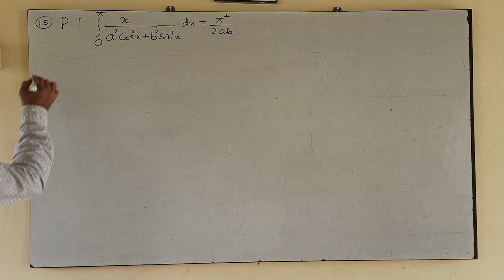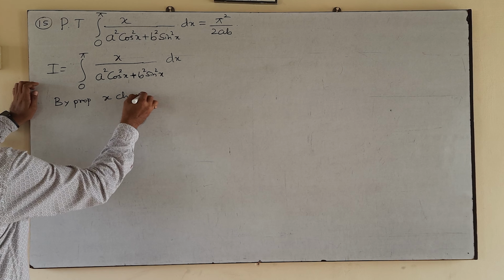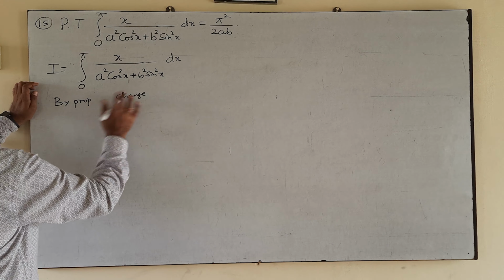Apply property number 4. By property 4, change x to pi minus x in equation 1. See what happened? I is equal to integral 0 to pi, x changes to pi minus x, divided by a square cos square of pi minus x plus b square sin square of pi minus x with respect to x.